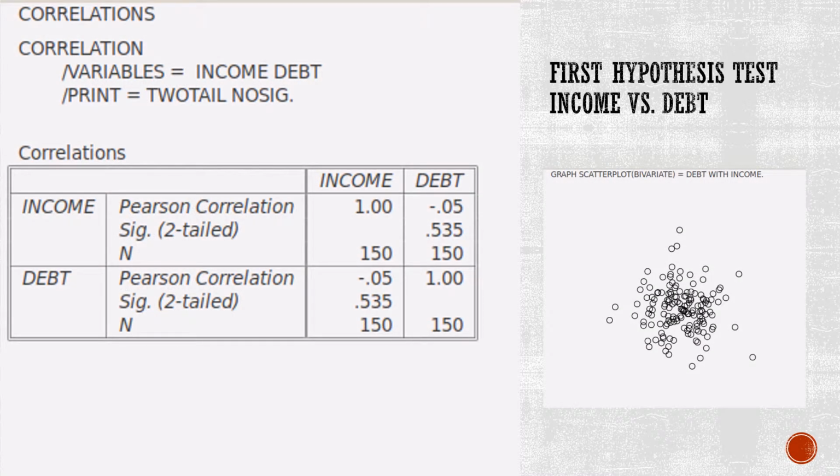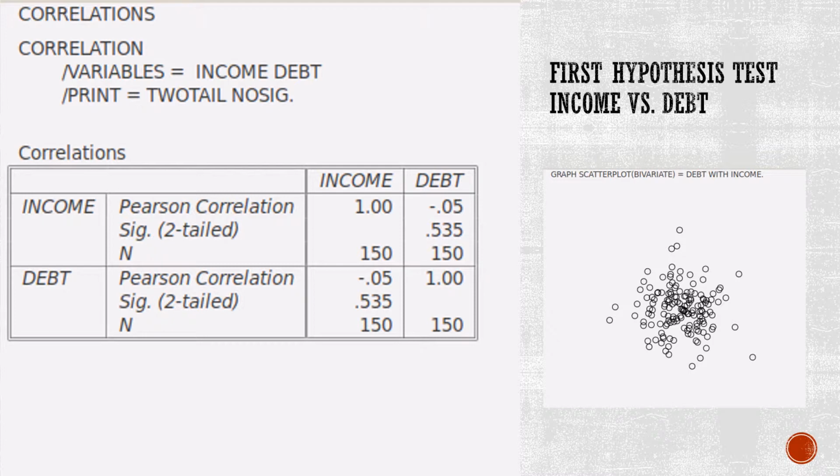Our first hypothesis test here was income versus debt, and you can see that we used the variables of income and debt. Income had a negative 0.05 Pearson correlation with a significance two-tailed of 0.35, which, as you can see in the scatter plot, means there was no correlation.